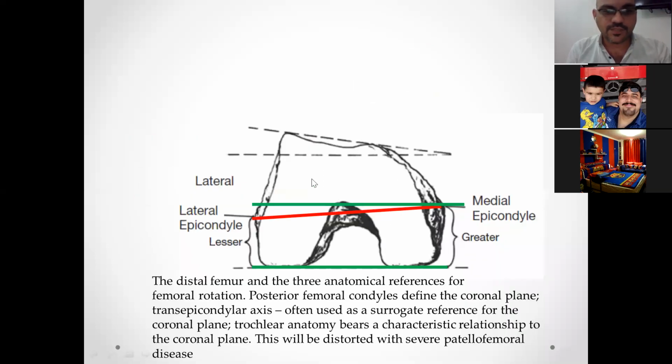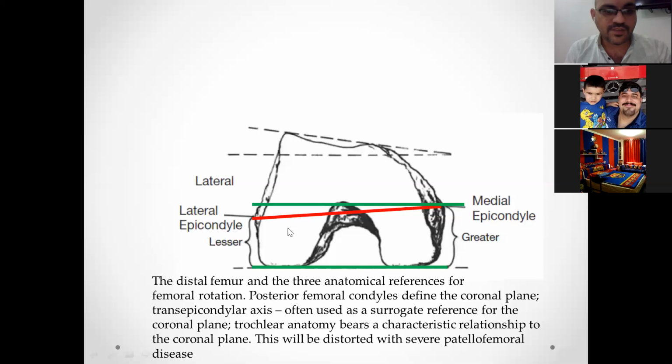Regarding the femoral rotational alignment, this is what we called the coronal alignment. Now the distal femur, in rotational alignment, we assess in the axial view, with the posterior aspects of the medial and the lateral condyles defining the coronal plane, the lower green line here, in the neutral position.